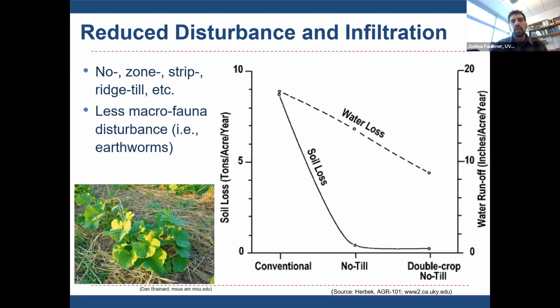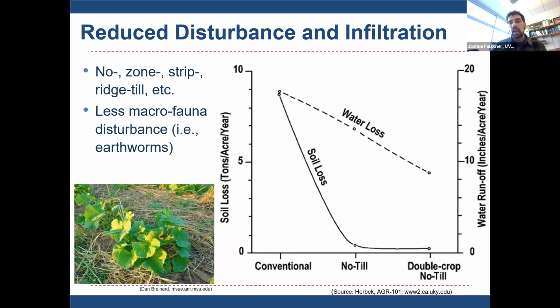But the goal of all of these is really to reduce disturbance of the soil and to some extent maintain some soil cover. That reduction of disturbance reduces the amount of disruption we do to biological habitats too, and the biological organisms are what are building that structure to begin with. So it's really twofold when we reduce disturbance.